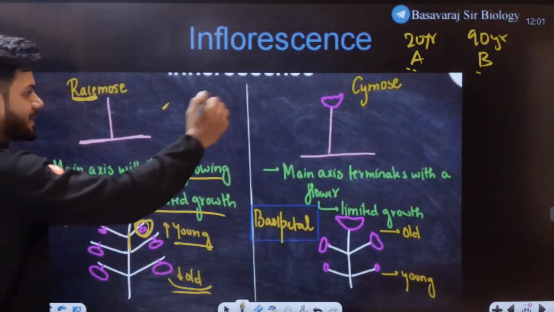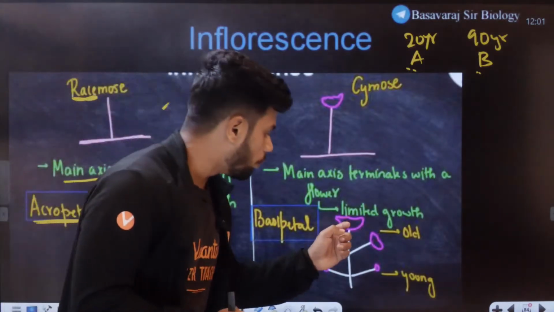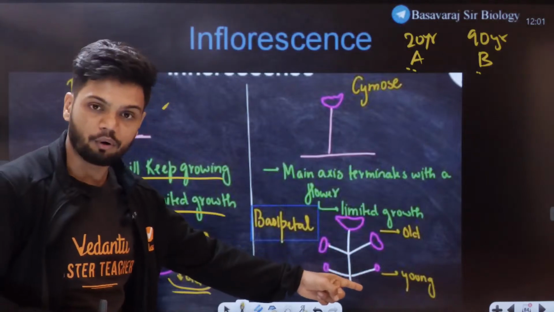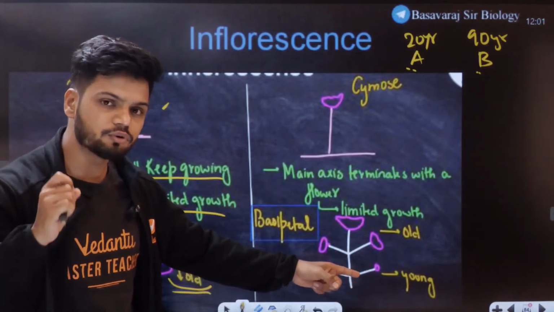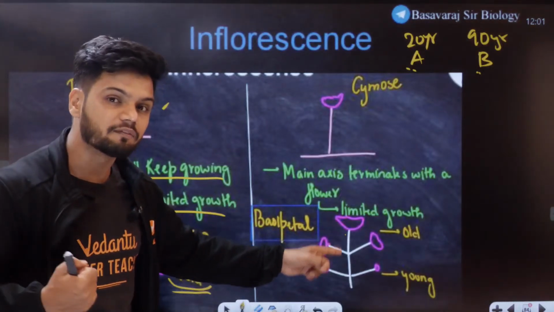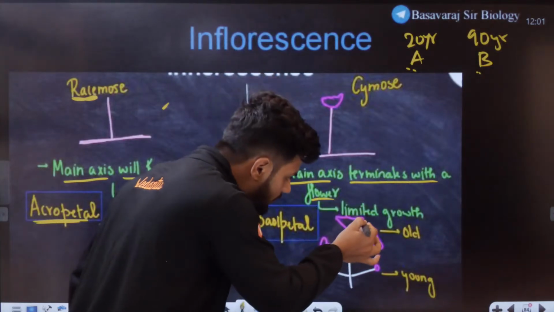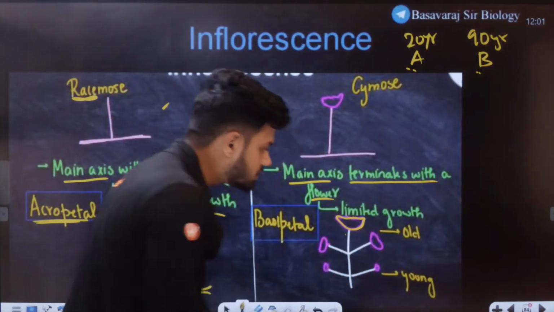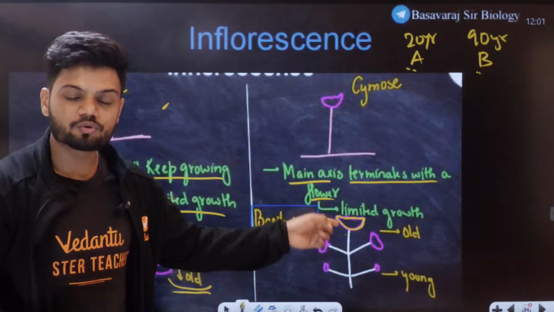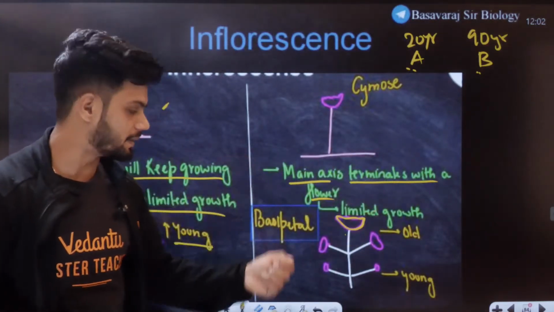Complete opposite in the case of cymose inflorescence. In the case of cymose inflorescence, older at the top, younger at the bottom. Apart from that, if you notice very carefully here, the main axis terminates with a flower. So it is a limited growth here, and such arrangement is called basipetal arrangement.